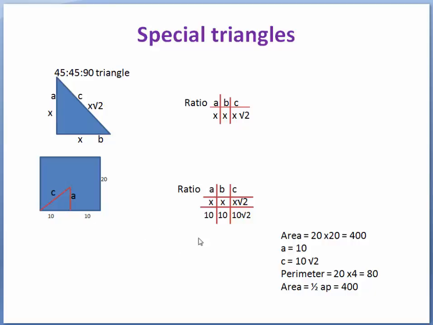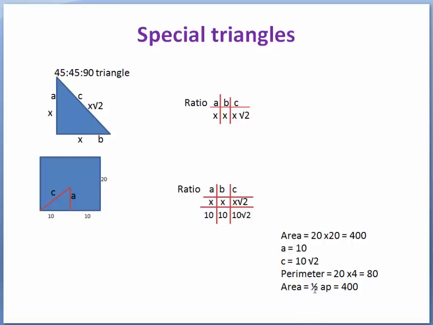So we can have the ratio as 10, 10, 10 square root of 2. So this A, which we call the apothem, would be 10, and this, the hypotenuse of the triangle, would be 10 square root of 2.